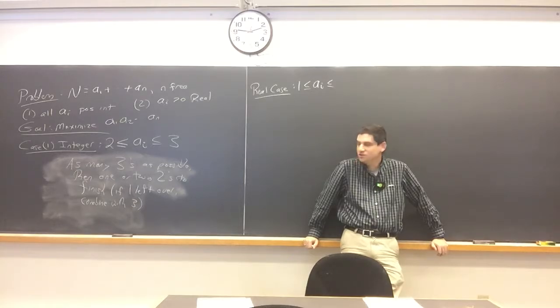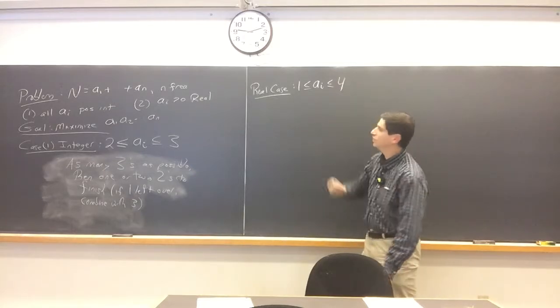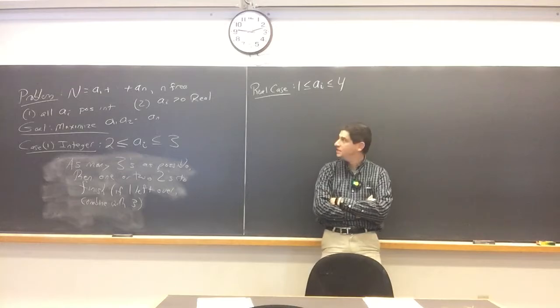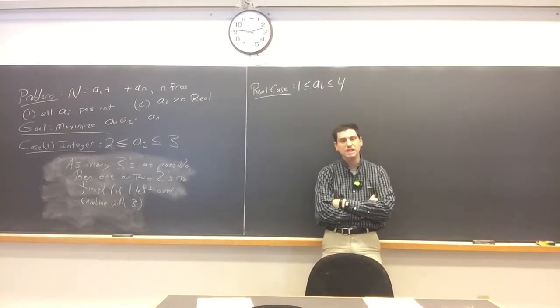What was the upper bound from the integer case? 3. So we may not be able to do. Would it be 4? Yes, it would be 4. So the same argument as before works to show that the a_i's can't be larger than 4. And we know things have to be somewhere between 1 and 4. We don't really need this. We can solve the problem without it. But it's nice to get some rough idea of where things live.